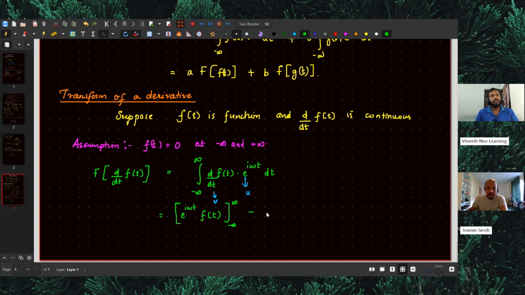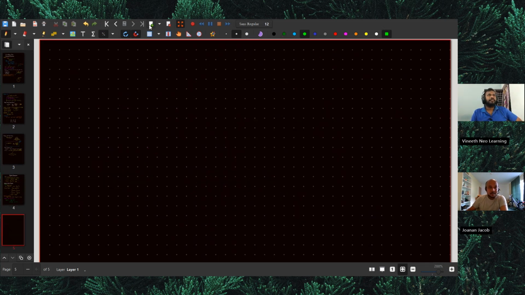Minus the integral of the derivative of first, that is I omega e raised to I omega t, into the integral f of t, f of t, isn't it? Yes. Now put the limit.